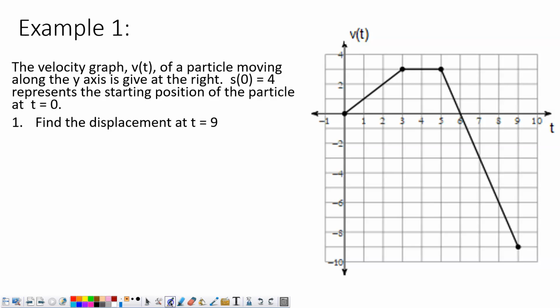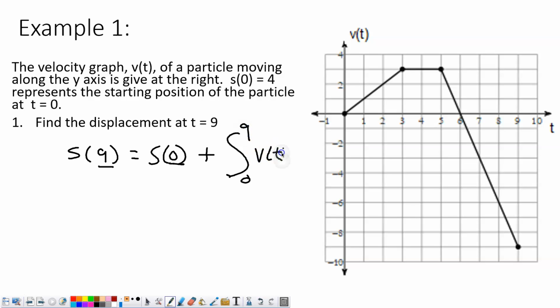So if I want to find S of 9, that's going to be equal to my starting position, plus my displacement from 0 to 9. Displacement, not distance. Okay?